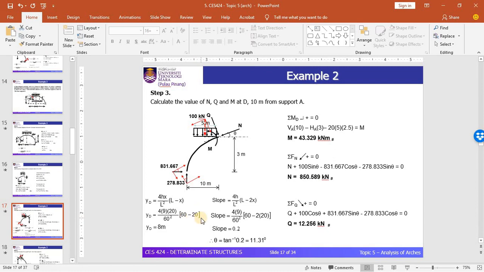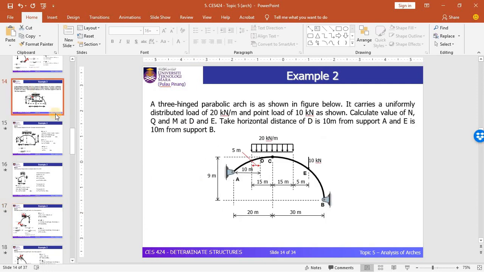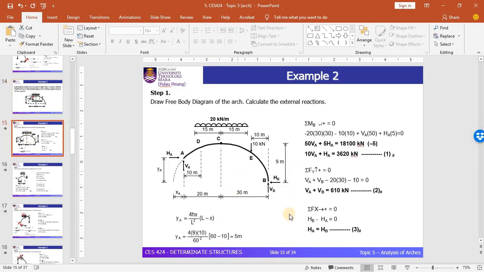Please be careful on this particular condition if you deal with an unsymmetrical shape of arch, or in other words, if you deal with different levels of support in the arch, because you still need to consider x based on the complete arch shape.